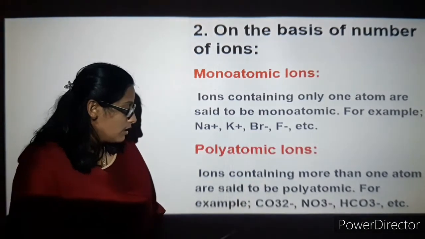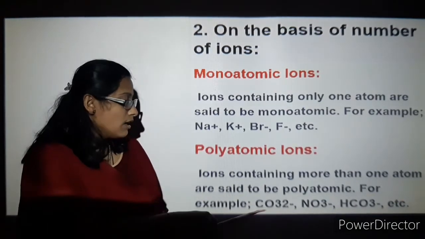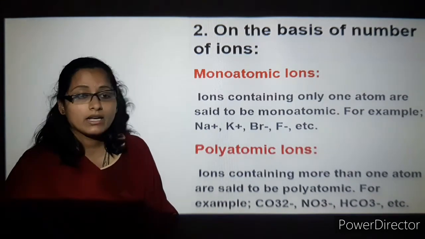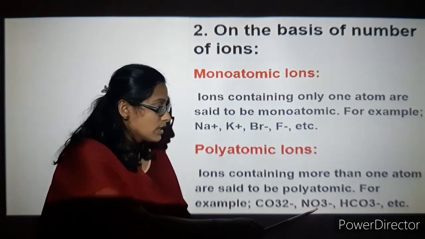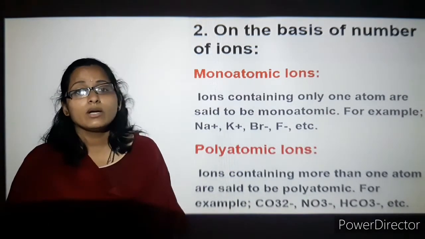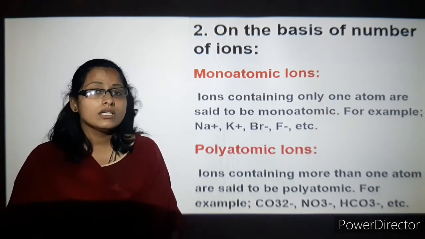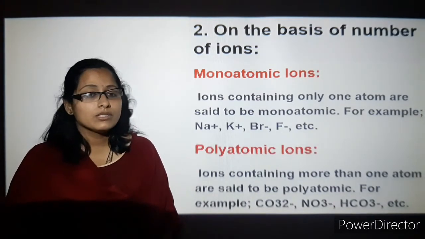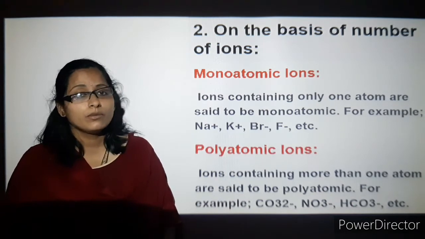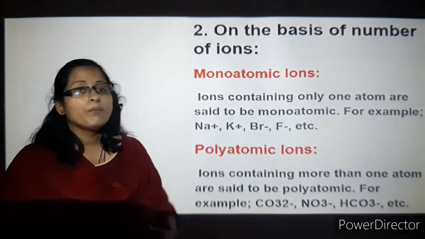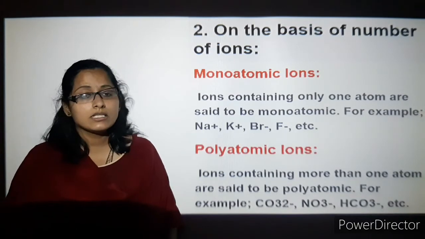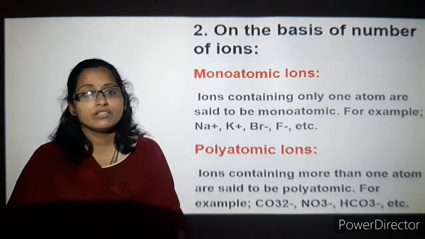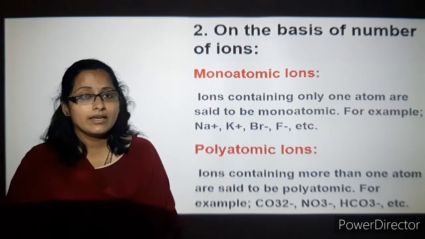For example, carbon dioxide, CO3 2 minus, nitrogen dioxide and so on. Even water, H2O. All these are polyatomic ions. You might have more examples when you understand the periodic table. You can combine different metals and non-metals, and when they combine together they form polyatomic ions. They can have positive and negative charges.